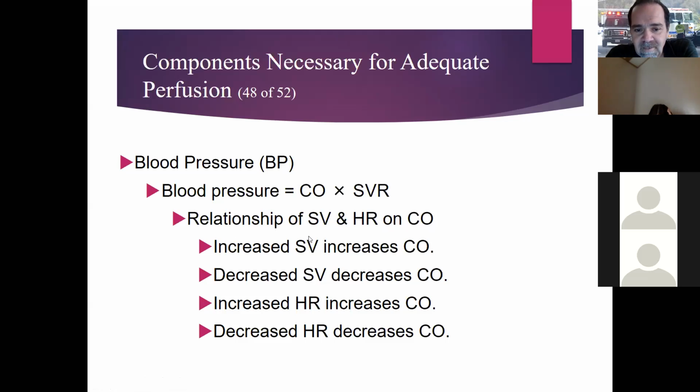If you increase the venous return, you increase the cardiac output, because the more blood you bring in, the more you can pump out. If you decrease the amount of blood coming back in, then your cardiac output is going to decrease. If you increase the heart rate, the number of times the heart pumps per minute, then you increase the cardiac output. If you decrease the heart rate, you decrease the cardiac output.